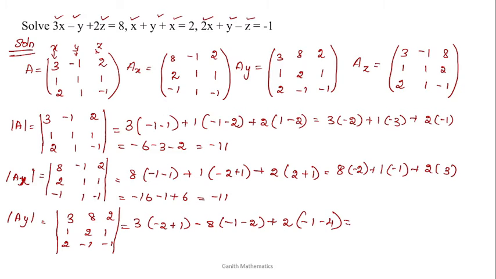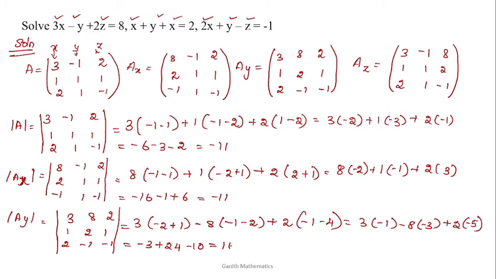So it is equal to 3 into minus 1 minus 8 into minus 3 plus 2 into minus 5, which is equal to minus 3 plus 24 minus 10. So minus 3 minus 10 will be minus 13. Minus 13 plus 24 will be plus 11.